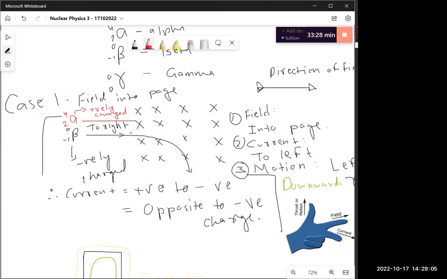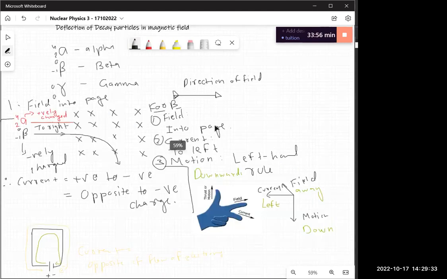Okay, look. Beta is going to the right, but the current for beta was to the left, the opposite. So for the beta particle, we flip the direction. But for alpha particles, we're not going to flip it. Is that clear? Think about it and tell me.